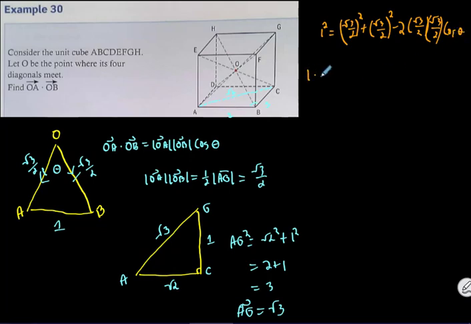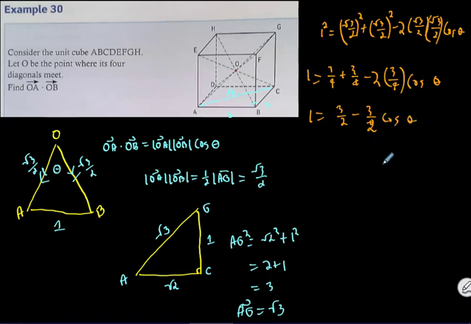Then 1 is equal to 3/4 plus 3/4 minus 2 times 3/4 times the cosine of theta, since root 3 times root 3 is 3 and 2 times 2 is 4. 3/4 plus 3/4 is 6/4 or 3/2, minus another 3/2 cosine of theta, since the 2 cancels with the 4.